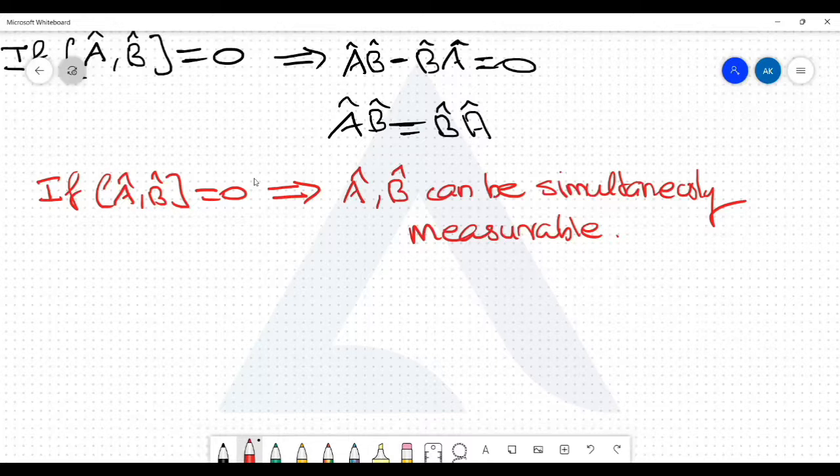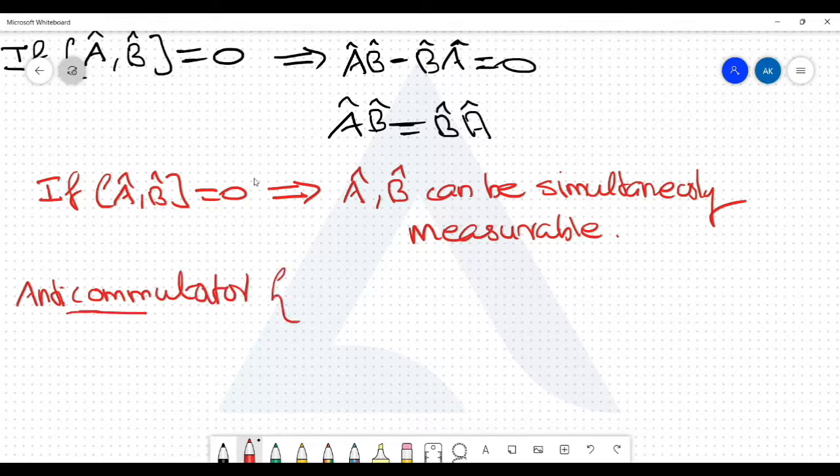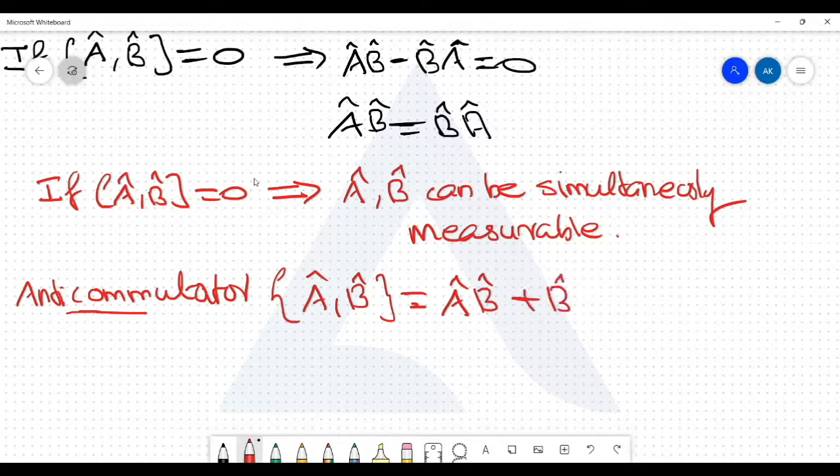Now, the next concept is the anti-commutator. It is denoted by the anti-commutator of A and B, with curly brackets. By definition, it is AB plus BA.